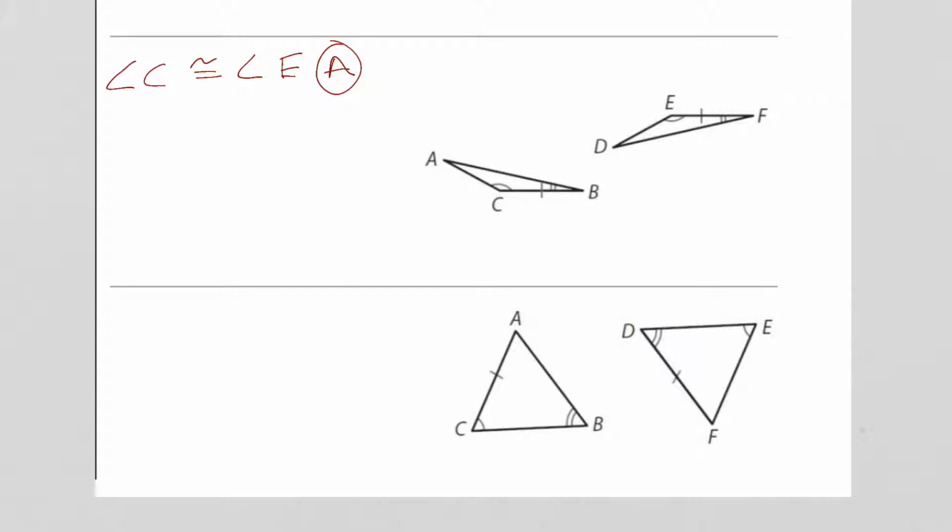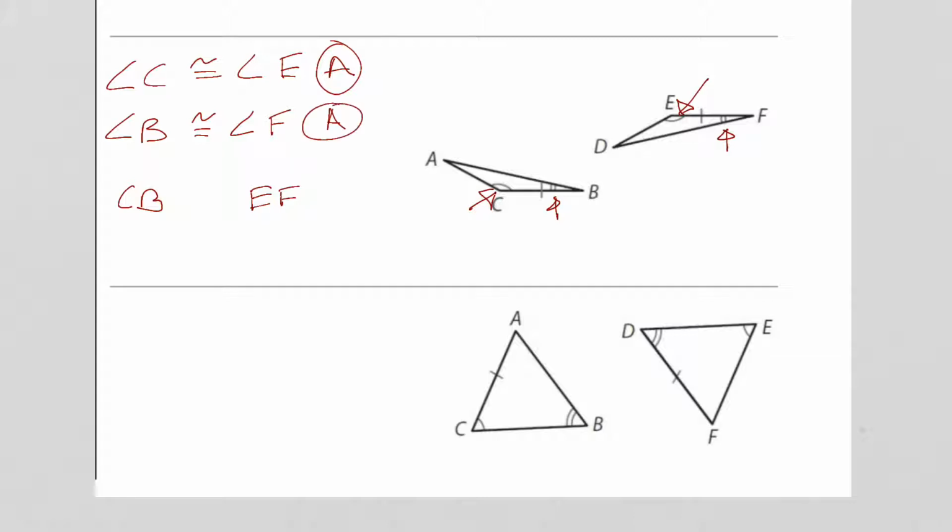And we also have angle B is congruent to angle F. And the reason I can tell, right, are these hash marks. That's what these hash marks mean. And for angles, they look like curve marks. But now let's take a look at the side. The side we're talking about is CB and EF.